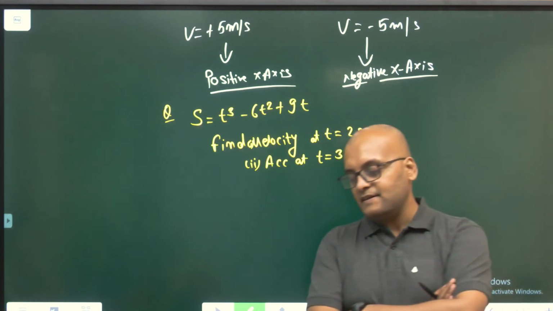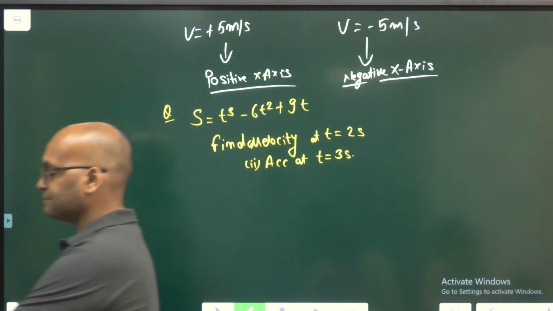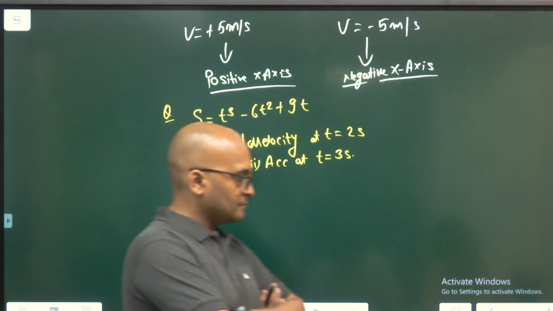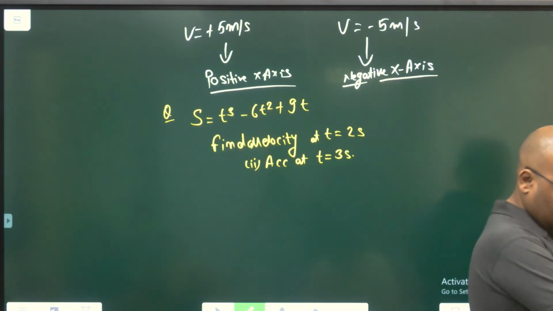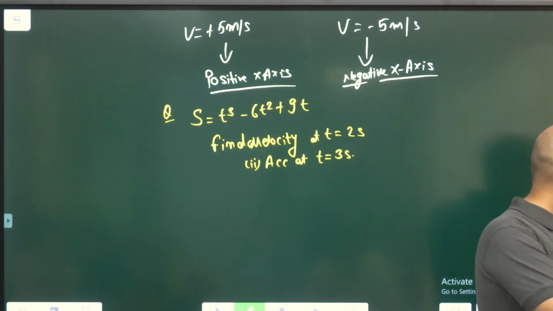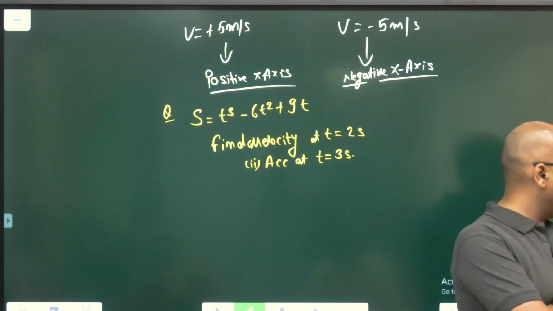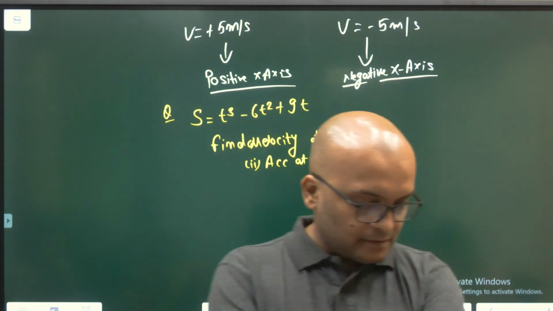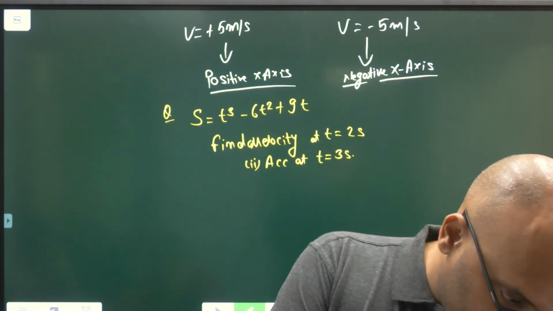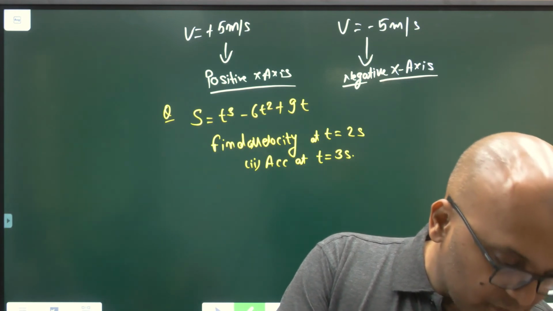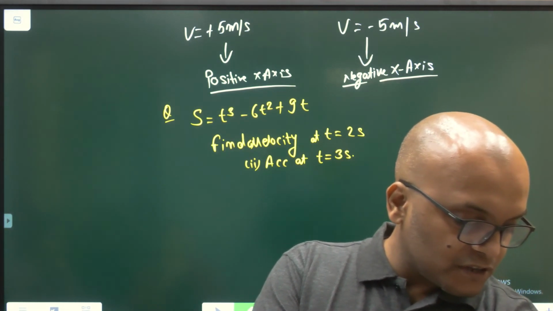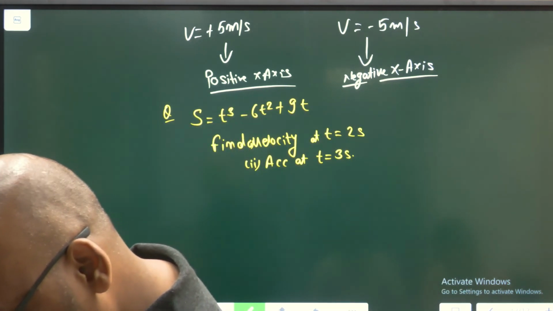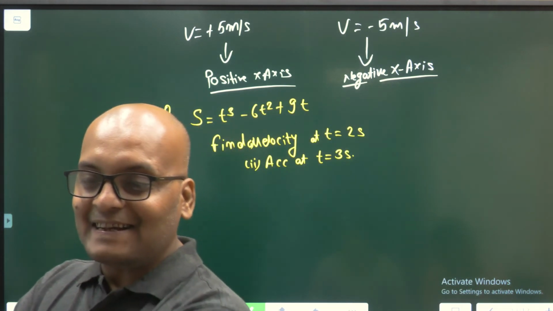Shambhavi, what's your answer? Bhavika, Anjana, Zoya? Minus 12 meter per second. So everyone is getting different answer.